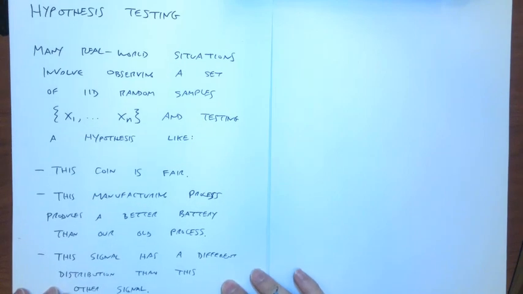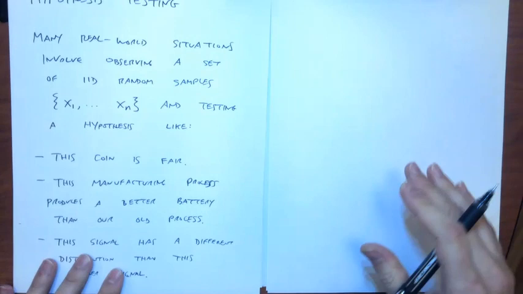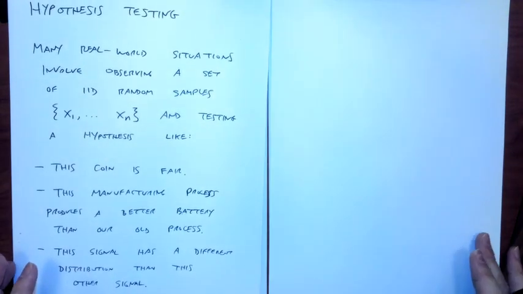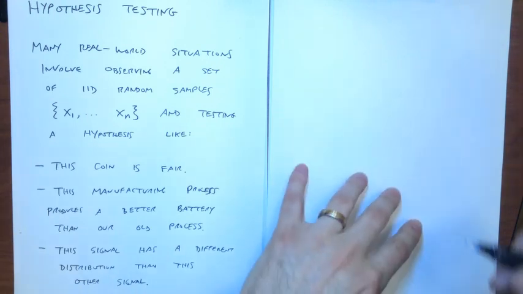So something where you're trying to tell, sorry, let's try and prop this up a little bit. Something where you're trying to tell, are these two things the same or are they different, right? And so you can take a whole lot of real world applications and map them onto one of these kinds of problems, okay? So let's start with the simplest thing, which is called significance testing, okay?